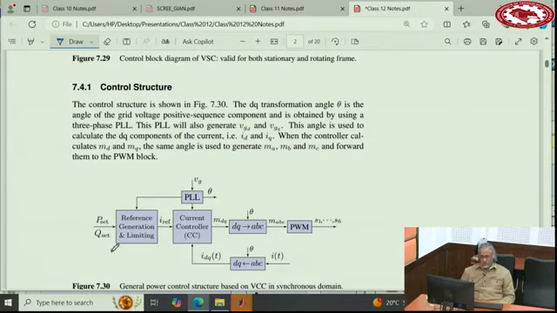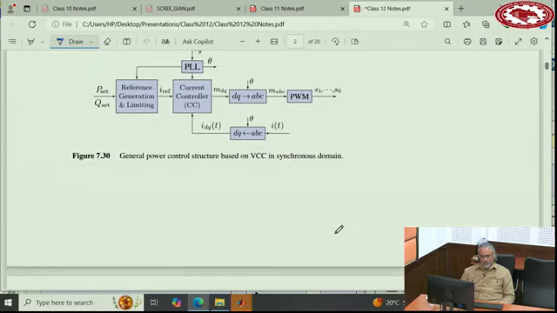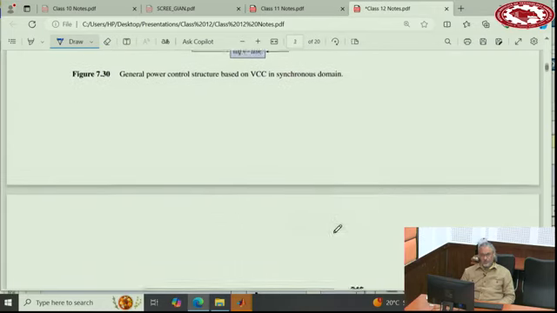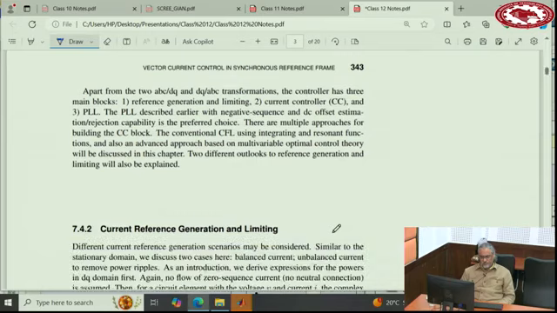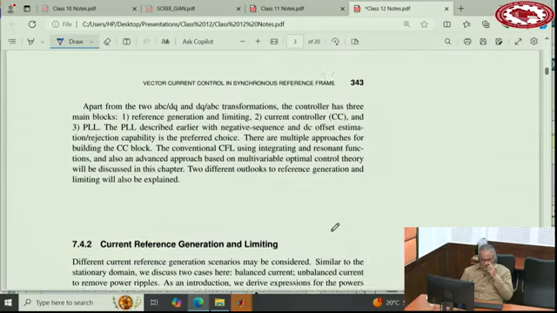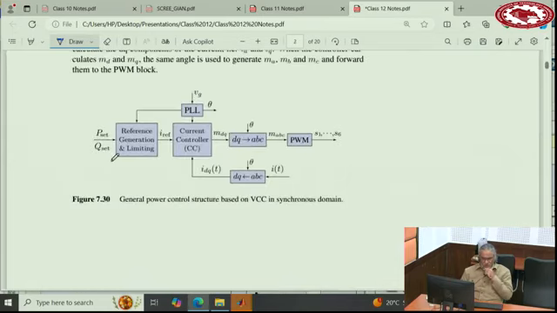And that reference current must be limited also here, and then go to the current controller, and then current controller generates mdq, and then convert it to ABC using the same theta, and then goes to the modulation. So that's the general structure of the controller. Let's look at the first the current reference, this block here, current reference generation, and then we go into this one, controller.